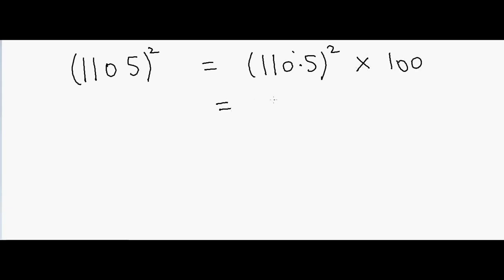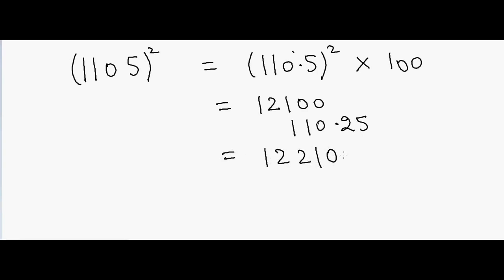So 110 square will be equal to 12100 and then 110.25. So that will be equal to 12210.25 into 100. So the answer is 1221025.